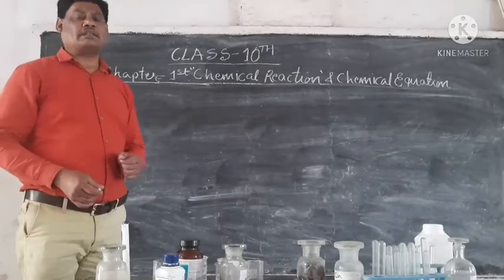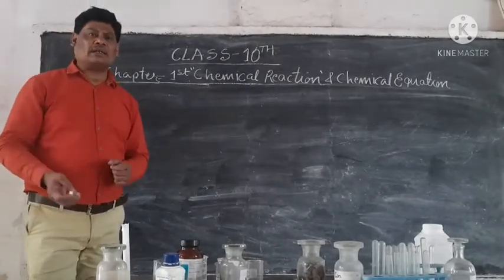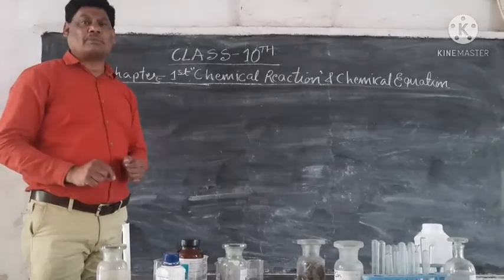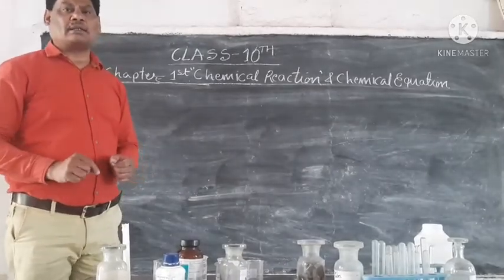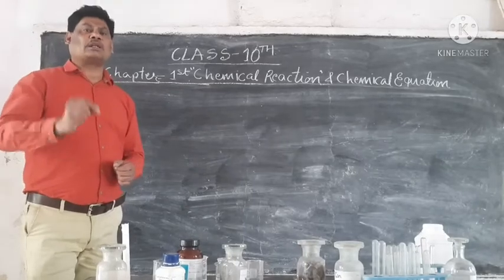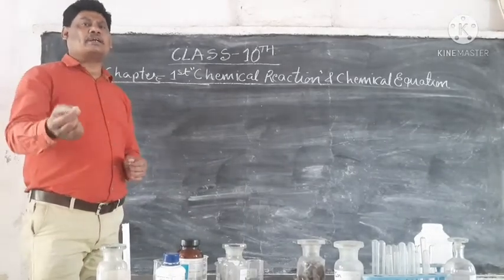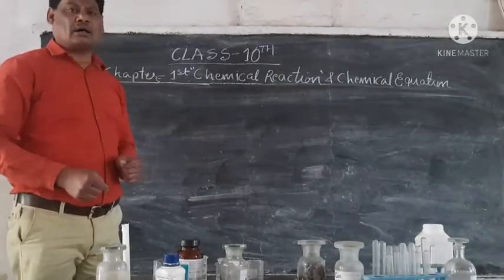In the chemical change, we have seen some activities, like I burned the magnesium ribbon in the presence of oxygen, and evolution of heat takes place and that magnesium converted into magnesium oxide.